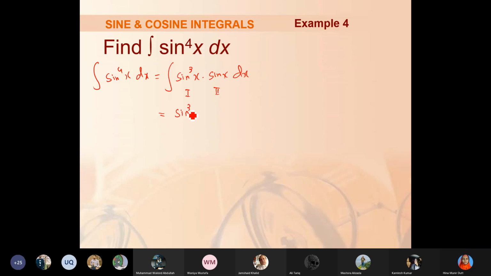First function as it is, into the integral of the second function, the integral of sine x is minus cos x, minus the integral of the second function, minus cos x, into the derivative of sine cube x, which is 3 sine square x into the derivative of sine x, which is cos x dx.